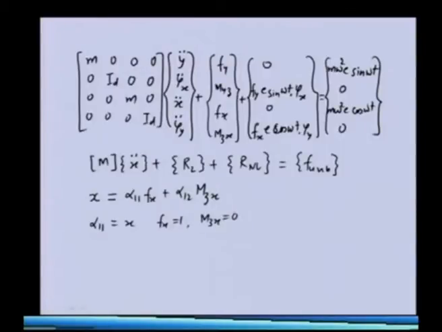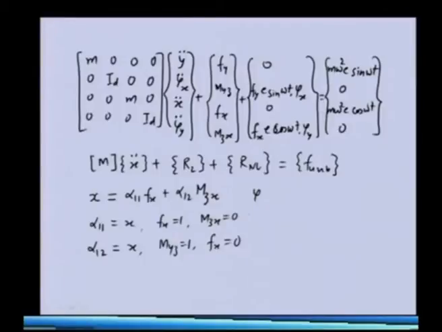So, it can be defined like this, or if you want to define alpha 12, this is the linear displacement corresponding to a unit moment, keeping all other forces and moments equal to 0. So, this is the definition of the influence coefficient. Similarly, we can extend the same thing for the angular displacement.